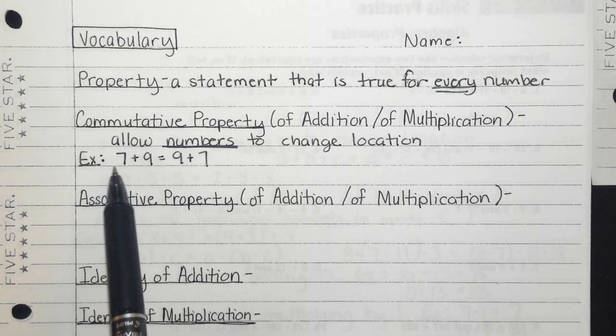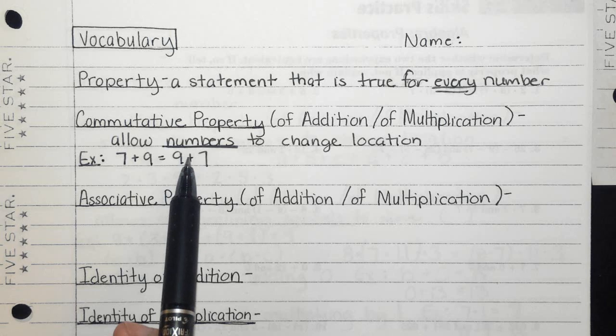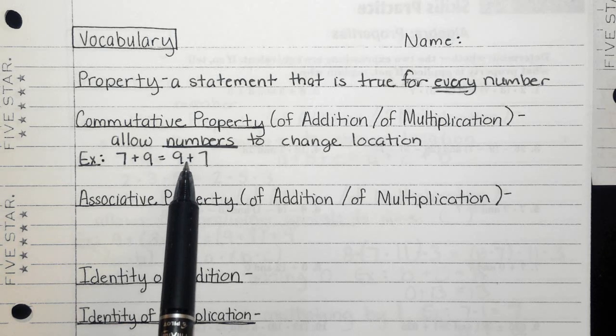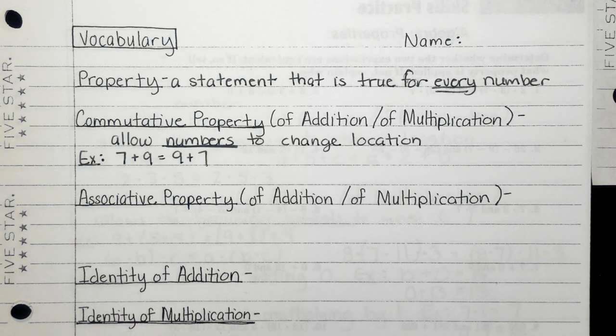Okay? So if you'll notice, 7 was at the front. Where did it move to? The back. 9 was at the back. It moved to the front. That's the commutative property. Your job would not be to do math. Your job would just be to say, that's the commutative property because my numbers moved location.